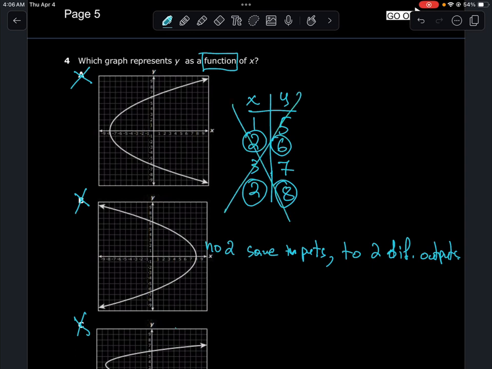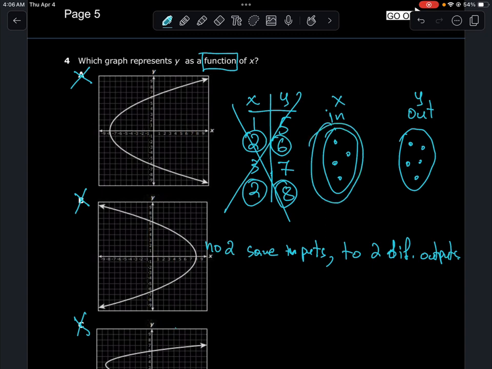Okay. Now another way that they can give me the same question to determine if it's a function or not is if they give me a diagram. Here are the inputs, here are the outputs, or here are the x, here are the y, and each coordinate or input is represented by a dot.